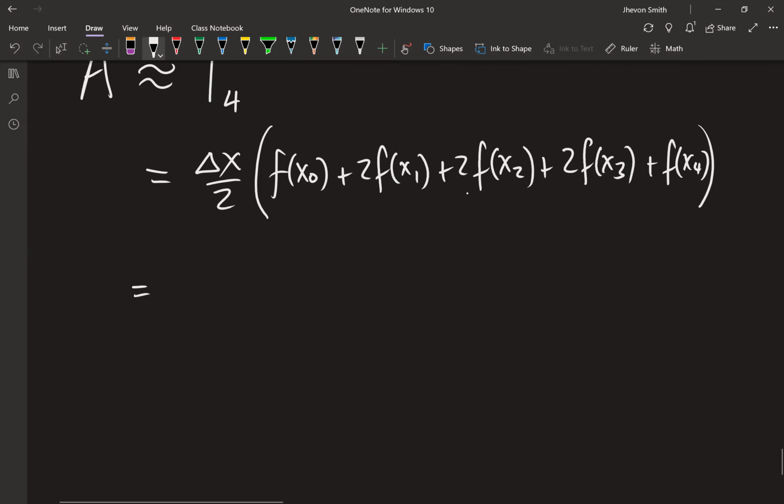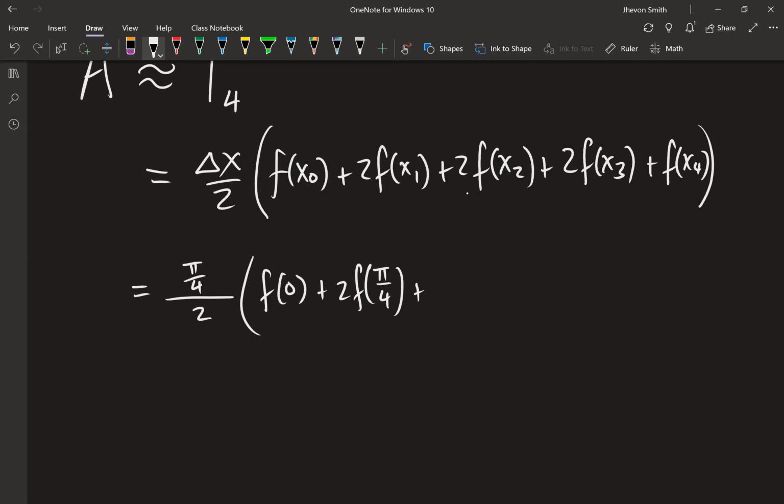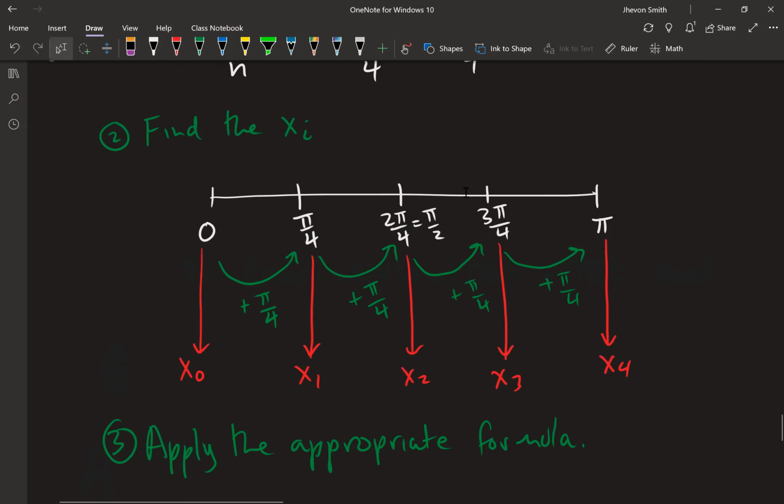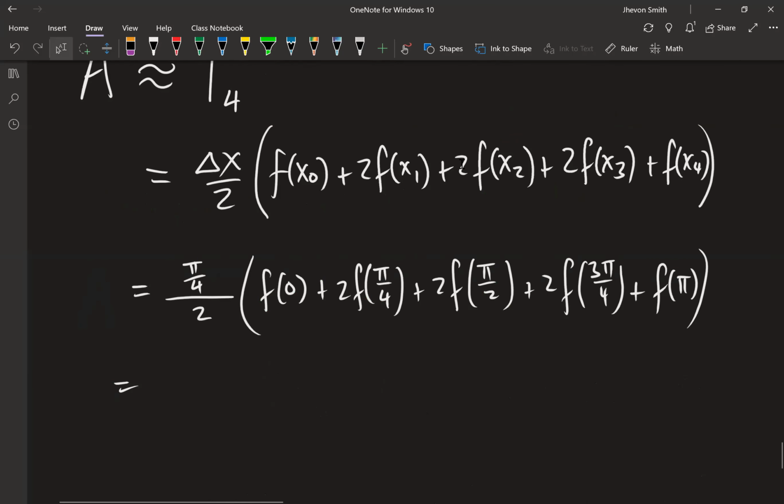So your delta x is pi over 4. This is going to be f of 0 plus 2 f of pi over 4 plus 2 f of pi over 2 plus 2 f of 3 pi over 4 plus f of pi. And in our situation, our f is the sine function.